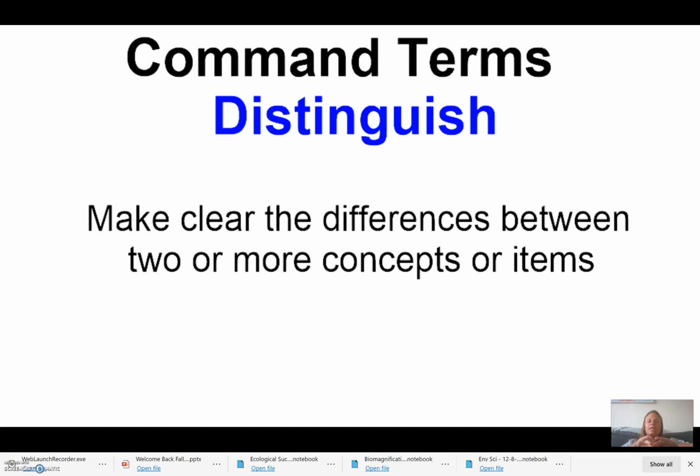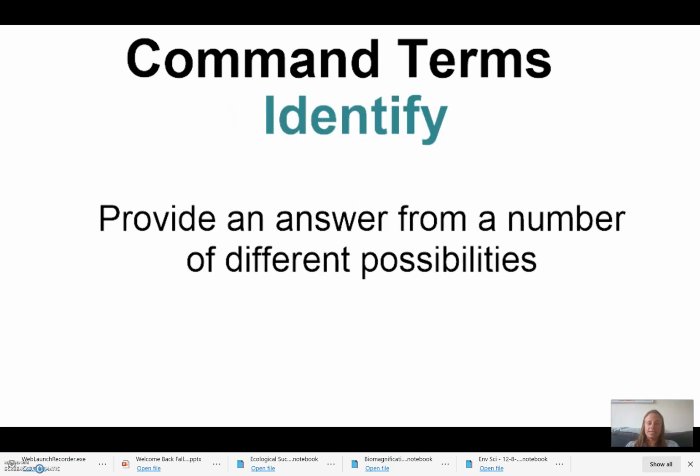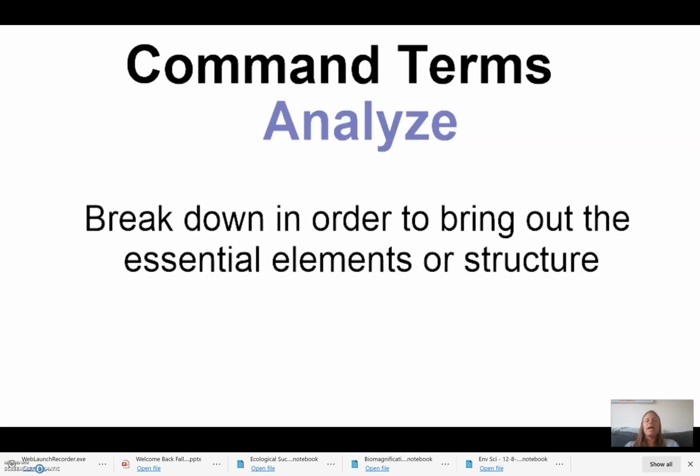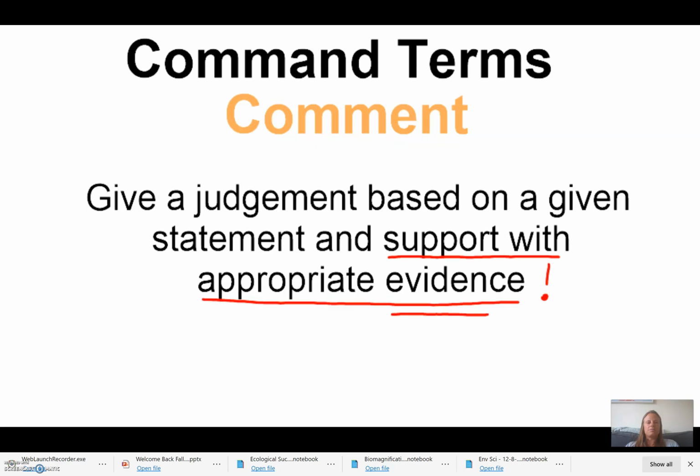Distinguish, you're making clear the differences between two or more concepts or items. Identify, provide an answer from a number of different possibilities. Analyze, break down in order to bring out the essential elements or the structure. So when you're analyzing something, you're looking at it and then understanding all of the critical elements.